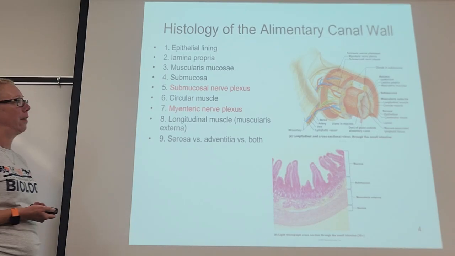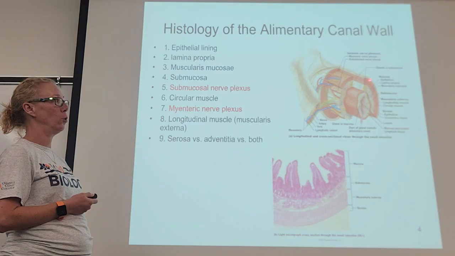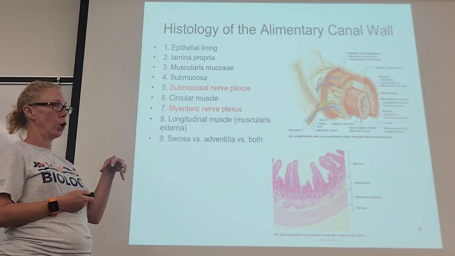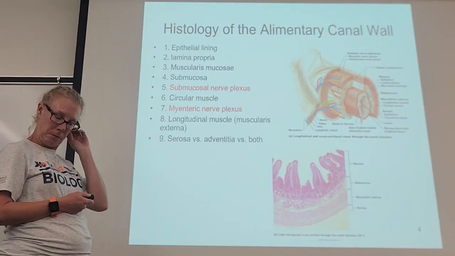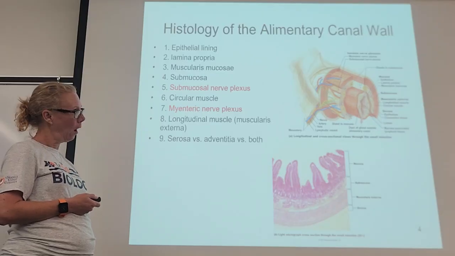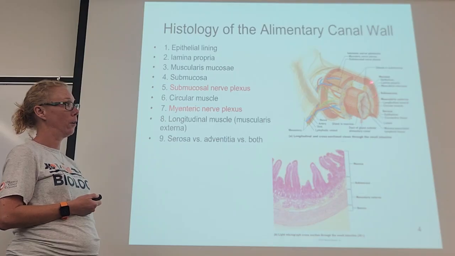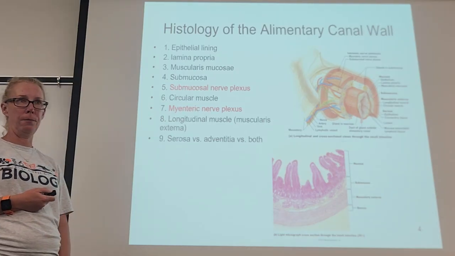Then we have the muscularis externa, which we identified in lab as having two layers. It has an inner, what? Circular layer, and an outer longitudinal layer.